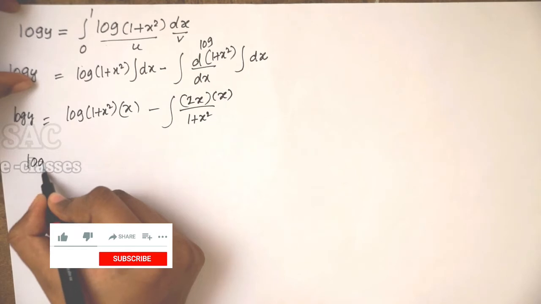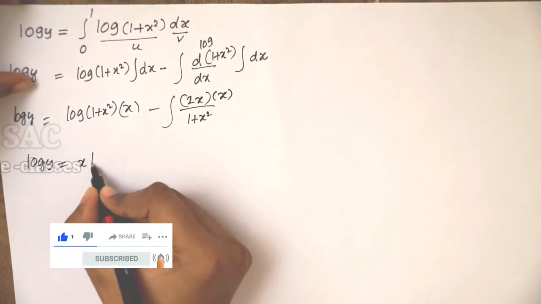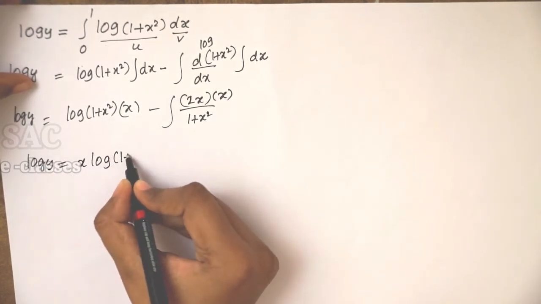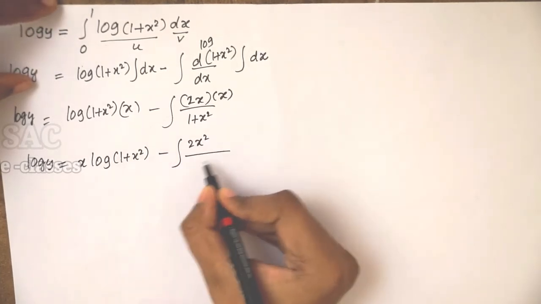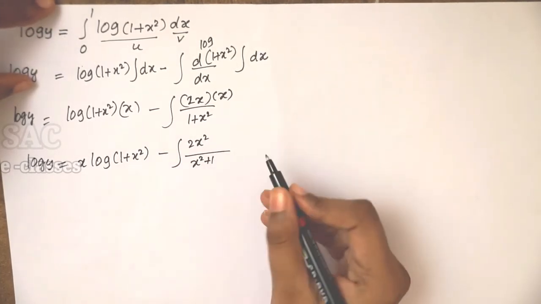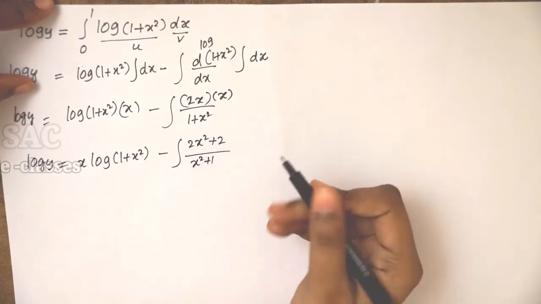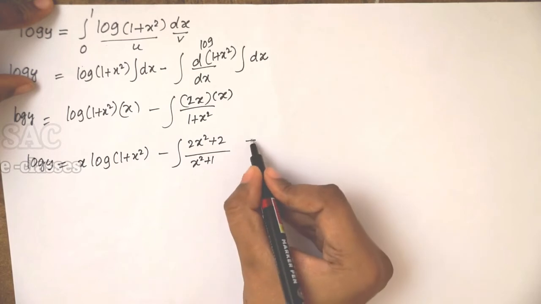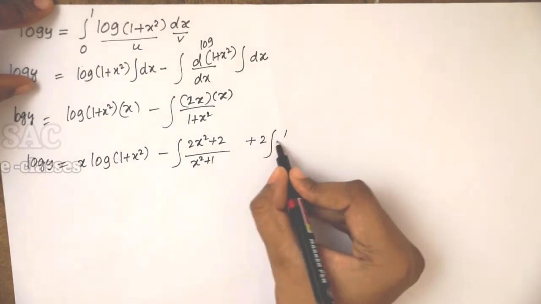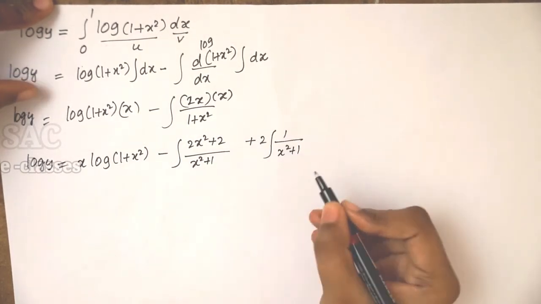Now log y is equal to x into log of 1 plus x square minus the integral of 2x square by x square plus 1. To simplify this, I am adding 2 and subtracting 2, but minus into minus will become plus 1 by x square.